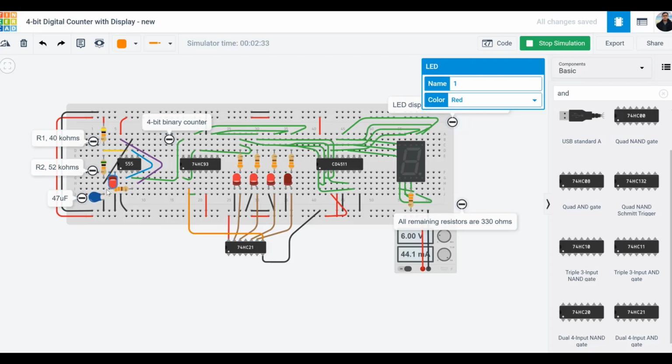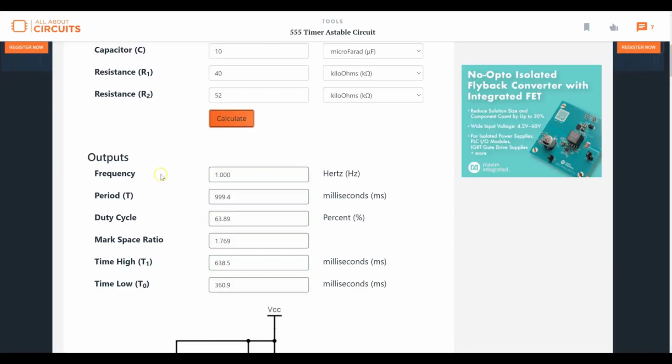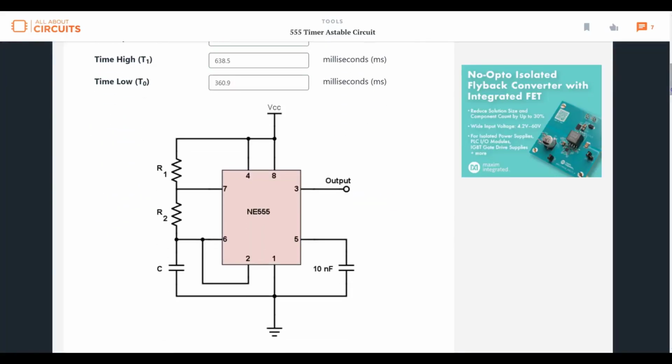So every 1 second it creates a trigger moment, and that trigger moment is fed into the clock of the counter, right? Pin number 4 is basically the reset pin. So if you look at this circuit right here, pin number 4 is just hooked up to the terminal of R1 and VCC.